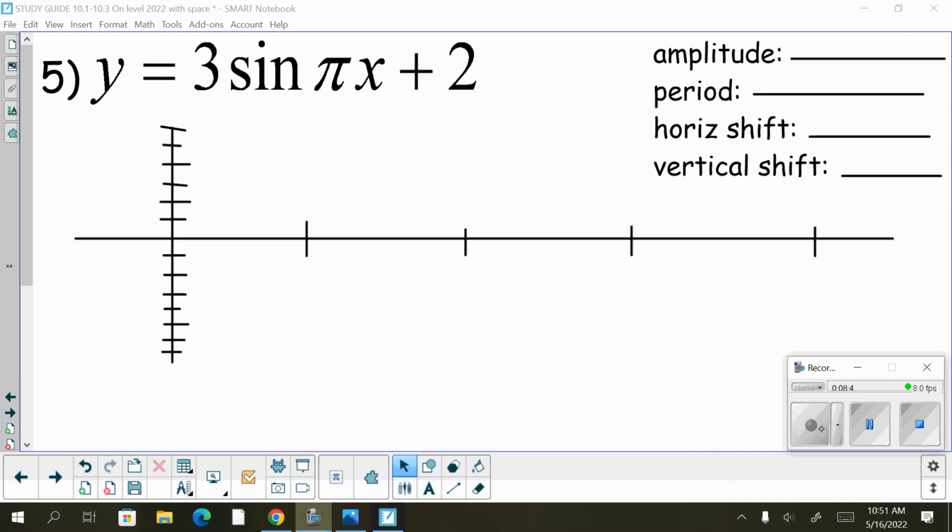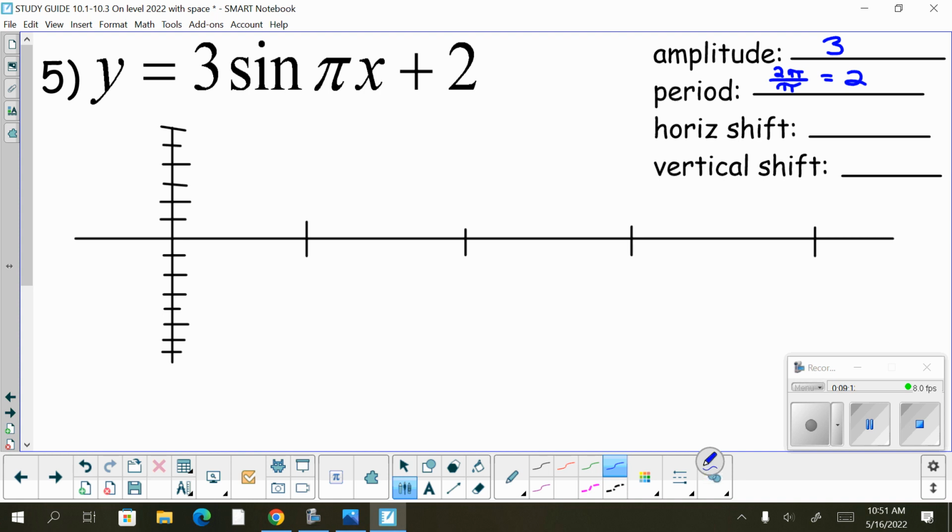We decided to power through and see if maybe we can finish this video in 1 class period. Number 5, what do you think the amplitude is? It is 3, okay. The period is 2 pi over b. So 2 pi over pi, the pi's will cancel, the period's 2.